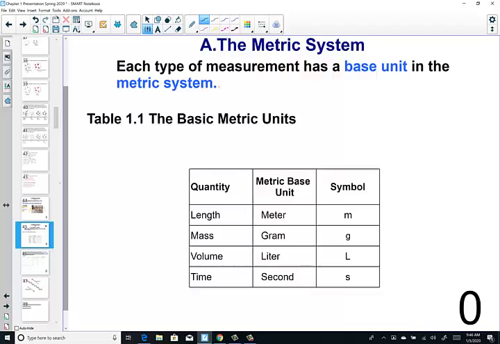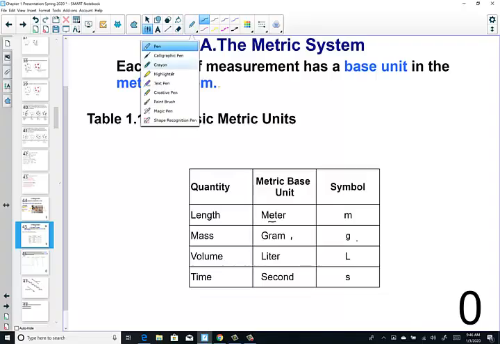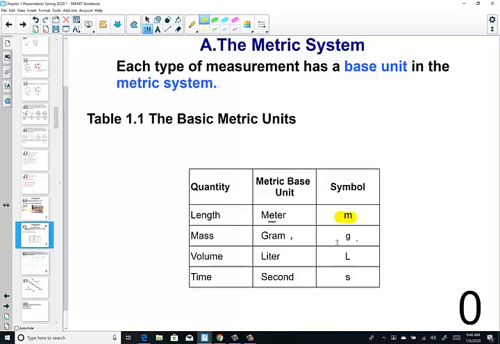The length has a base metric unit of a meter, and it's abbreviated with a lowercase m for meter. The basic quantity of mass is measured with the unit gram, and gram is abbreviated with a lowercase g. And let me stress the importance of making sure we see that these are lowercase, simply because there are other units coming later where capital M stands for the metric prefix mega.